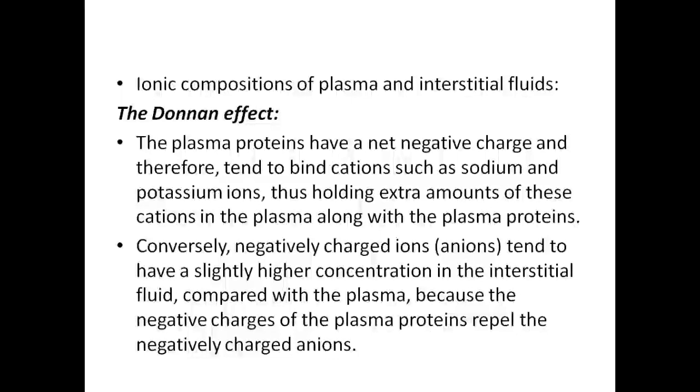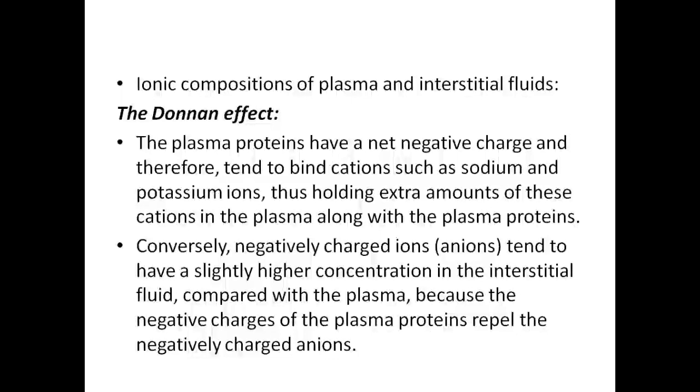So we have cations and anions. Anions are the negative charge, and cations are the positive charge. Plasma protein is negatively charged. It means that it has a high amount of negative charge on its surface. Because of that, it will tend to attract the opposite charge, the cations, the sodium and potassium ions, toward itself.